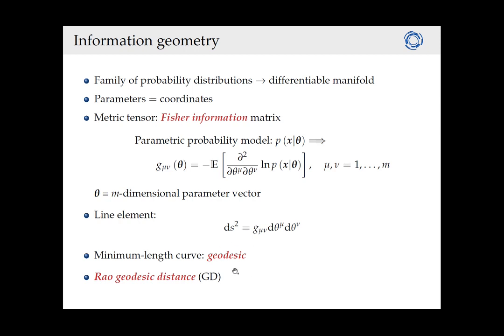And if you calculate the length of such a curve, you actually have what is called a geodesic distance. Now this in information geometry is named after one of the originators of information geometry, Rao. And so this shortest distance between probability distributions on a probabilistic manifold is called the Rao geodesic distance, and we're going to abbreviate this with GD.